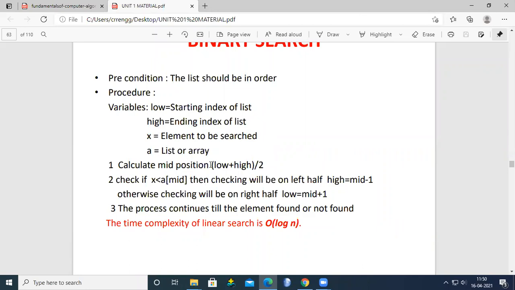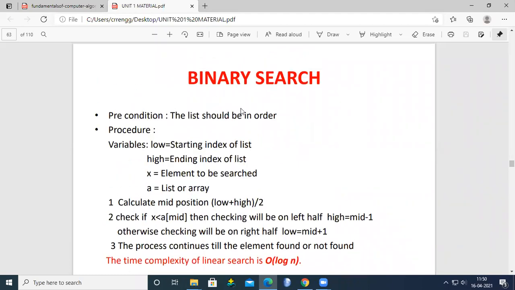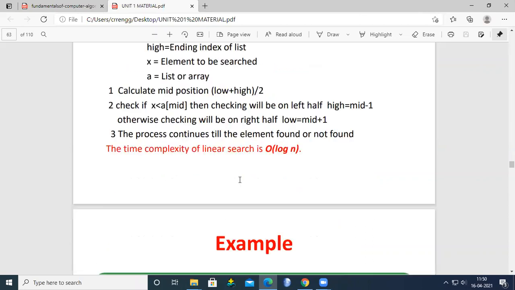Now calculate the mid position, low plus high divided by 2. If X is less than A of mid, then searching continues on the left with high equal to mid minus 1. Otherwise, searching continues on the right with low equal to mid plus 1. The process continues until the element is found or not found.